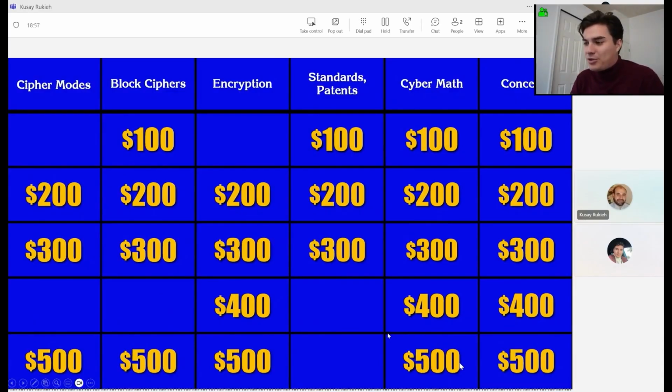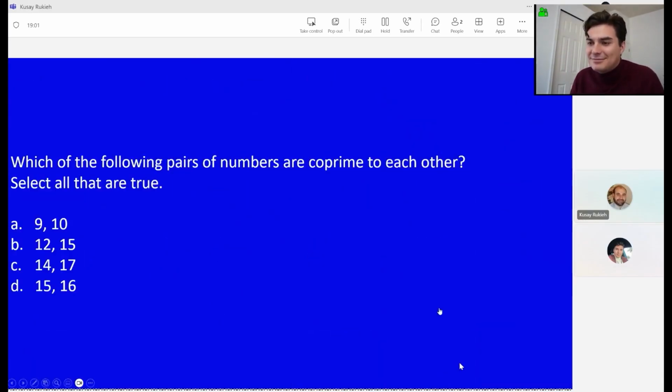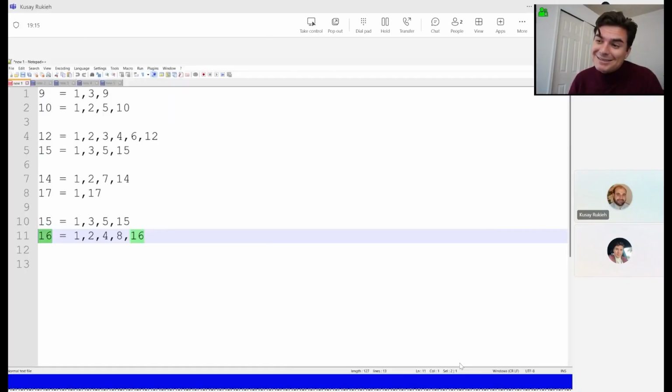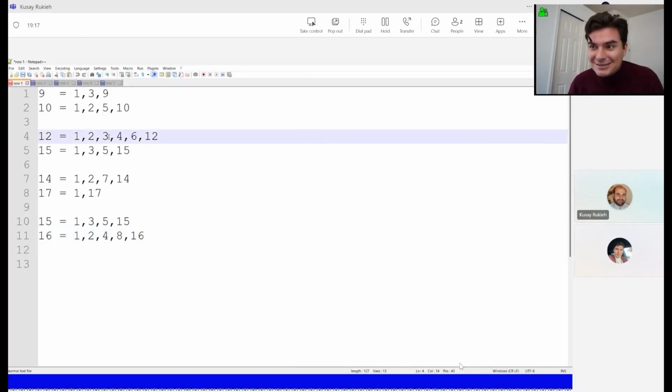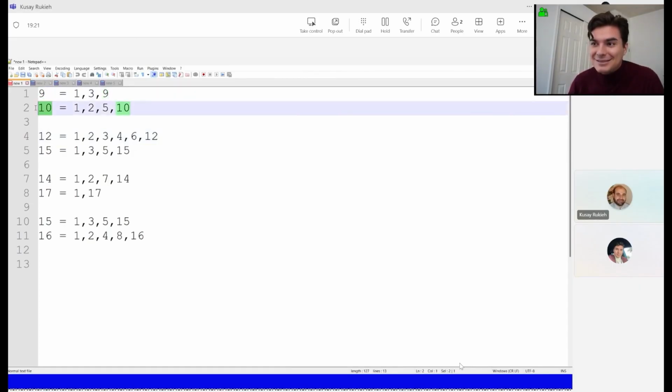Cybermath for $400. These are one of the tough ones. Which of the following pairs are considered coprimes? Coprime. What's a coprime? In order to solve for coprimes, you write the factors of every number.